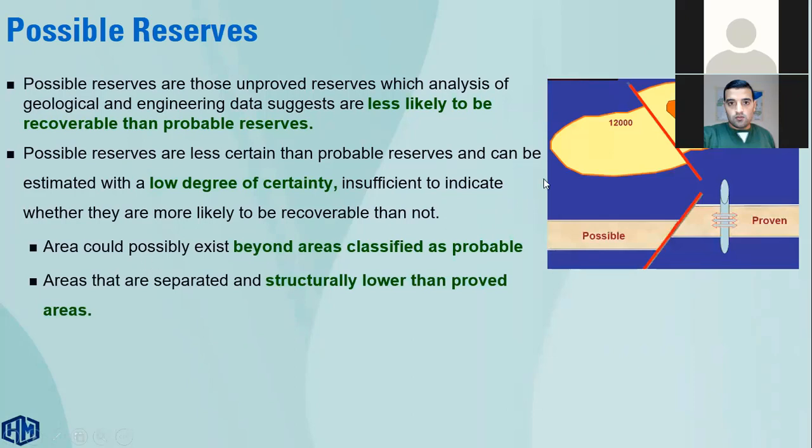An example of this is an area geologically and structurally separated from the proved areas by this fault, and lower in structure than the proved area. So these areas you can see on the left-hand side of this fault will be classified as possible reserve.